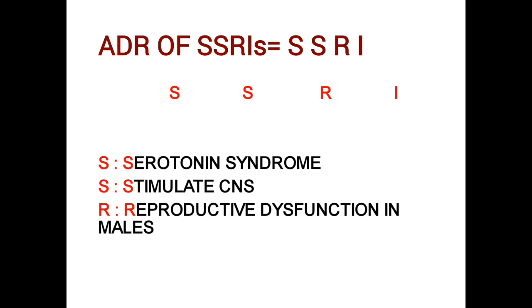And with R, reproductive dysfunction in male, the most important side effect of SSRI. And with I, you can remember insomnia, lack of sleep. So by using the name SSRI, you can include four adverse drug reactions of SSRI. So the mnemonic we have used here is SSRI.